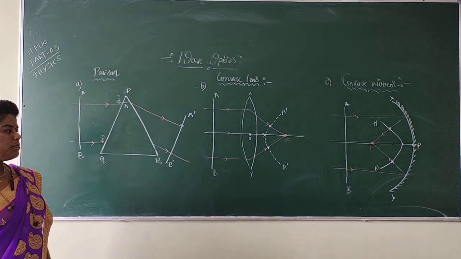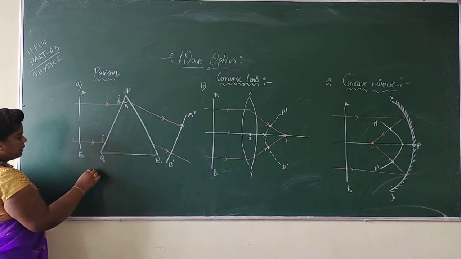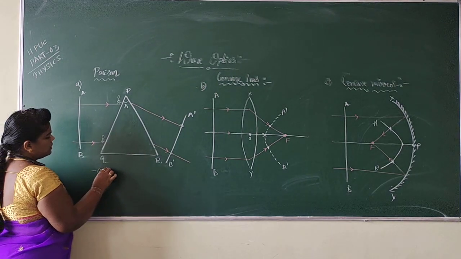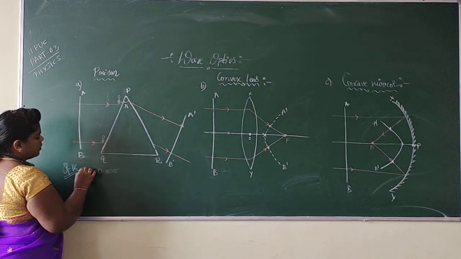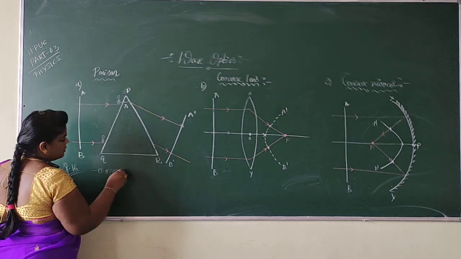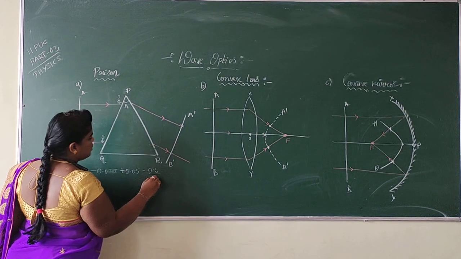While I was discussing, we made one simple mistake. So z minus 0.035, question number 16, right? 0.035 plus 0.05 is equal to 0.6 by r.